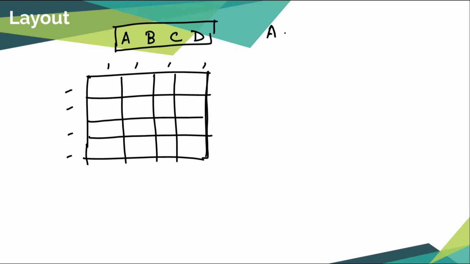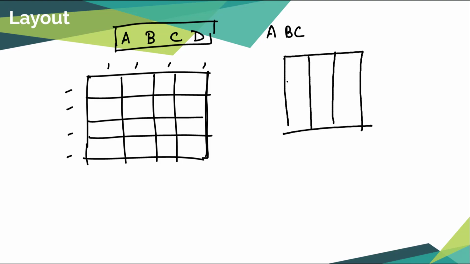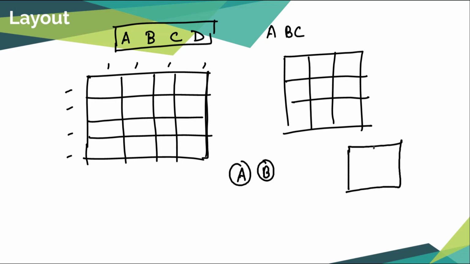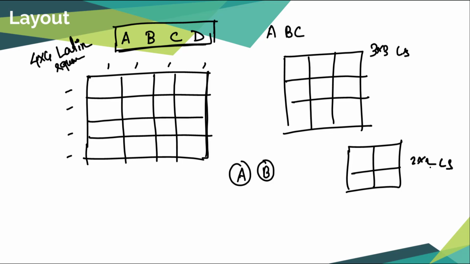If you have 3 treatments A, B, C, your division will be a 3 by 3 table. If you have 2 treatments to be tested, A and B, it will be 2 by 2, right? So if you have 4 treatments, this is a 4 by 4 Latin square. These are called Latin squares. This is a 3 by 3 Latin square, this is a 2 by 2 Latin square.